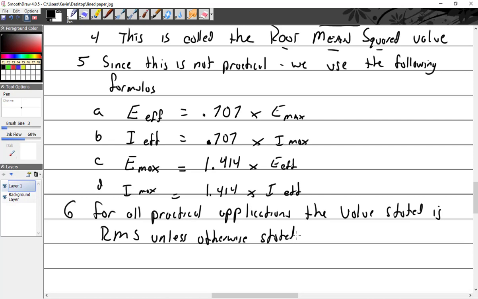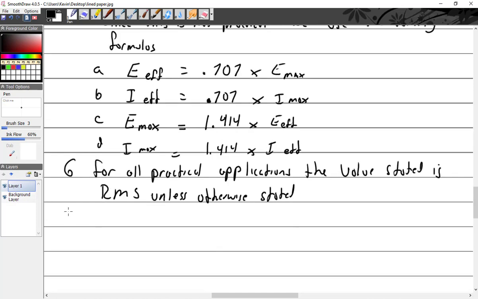For example, another important point, and this is the answer to one of the questions I ask you in the AC thing. I say, what are some of the limitations of voltmeters?